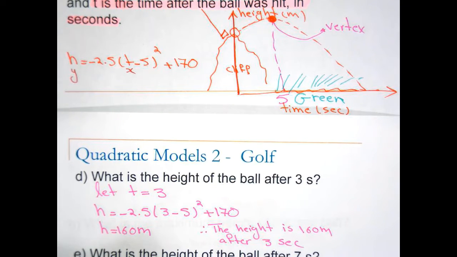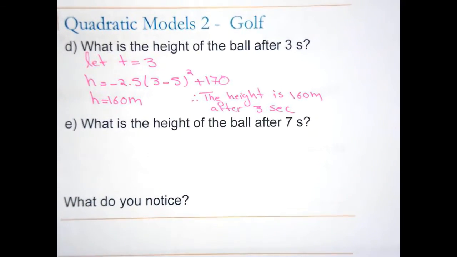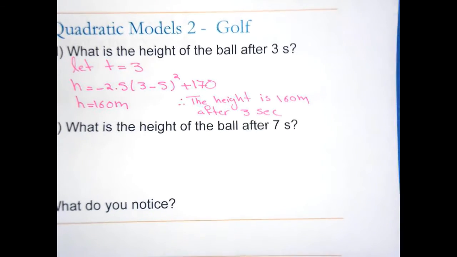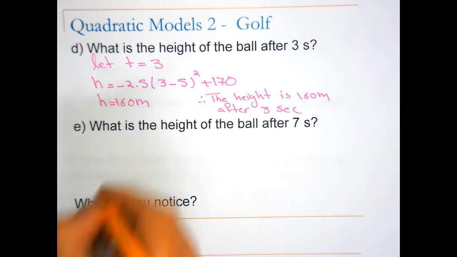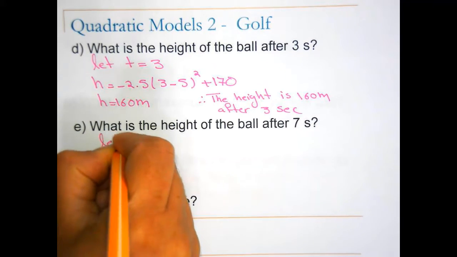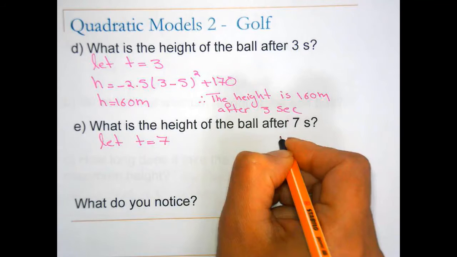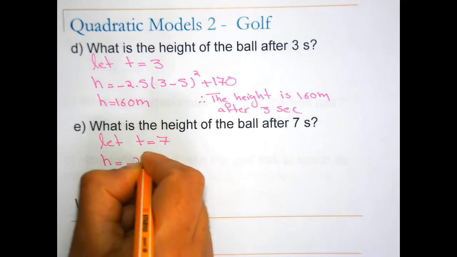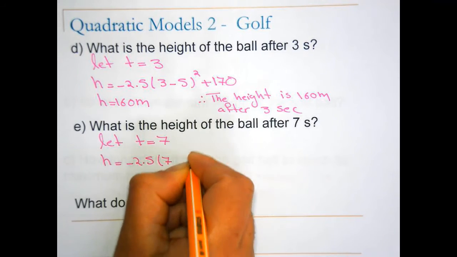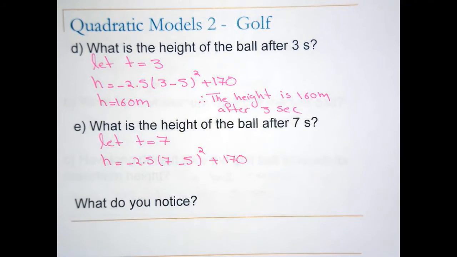And then the question asks for a similar kind of concept: what is the height of the ball after 7 seconds? So again, we have to do the same thing. Let t equals 7 after 7 seconds. So h equals negative 2.5 (7 minus 5) squared plus 170.